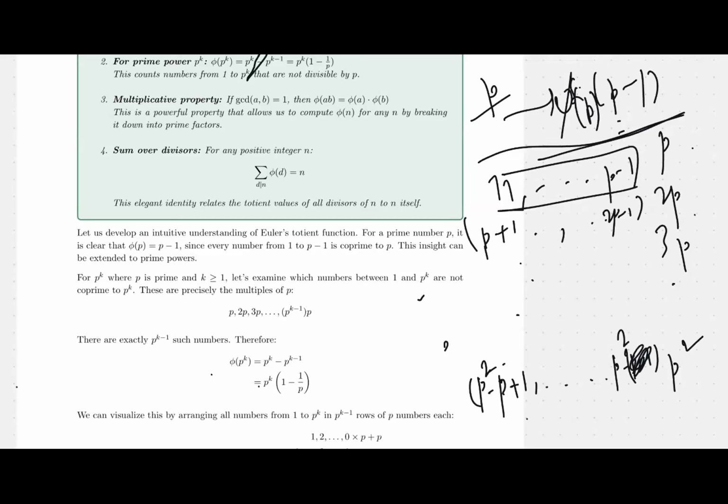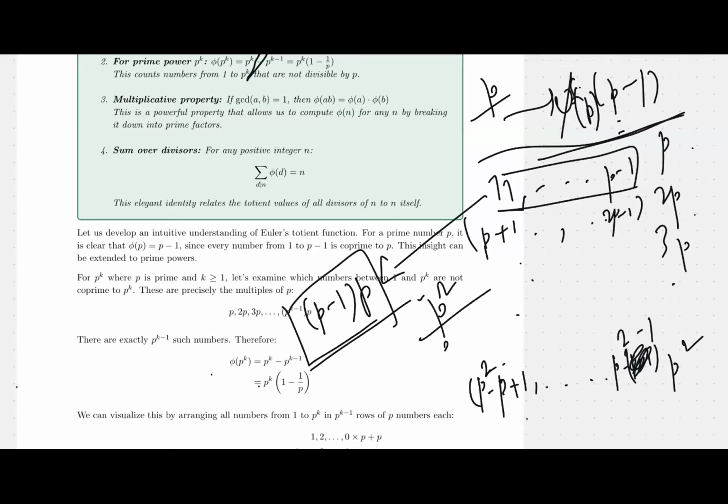Each block has p minus 1 such numbers, and there are p blocks, so each of these is p minus 1 times p. So these are the total number of elements coprime to p square. In other terms, phi of p square equals p square minus p, right?